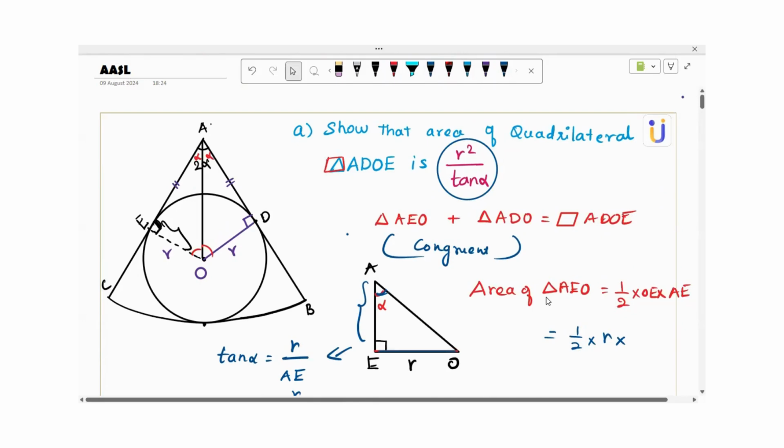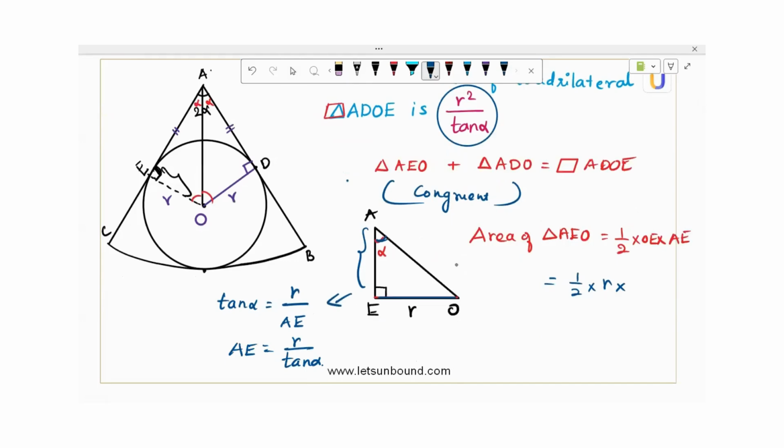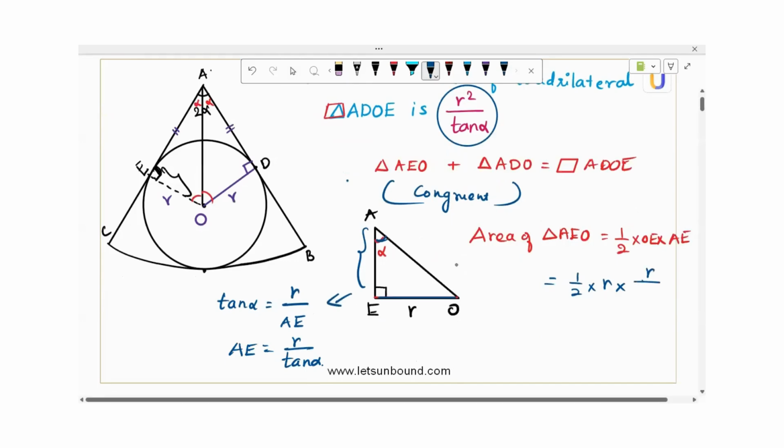Right? So half into, this is what we got. AE we can replace with R by tan alpha. Now we got R square by 2 tan alpha. This is the area of triangle AEO.